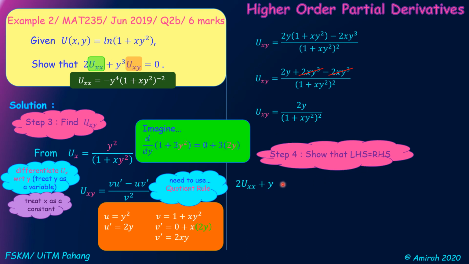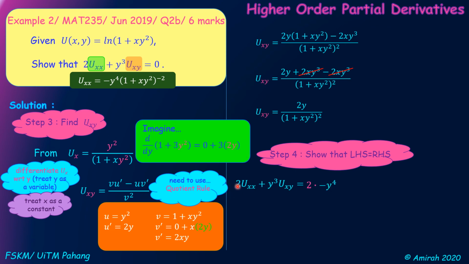We show that the left hand side equals the right hand side. From the left hand side, we have 2uxx plus y cubed uxy, and we need to substitute uxx and uxy here, and then show that it equals 0.